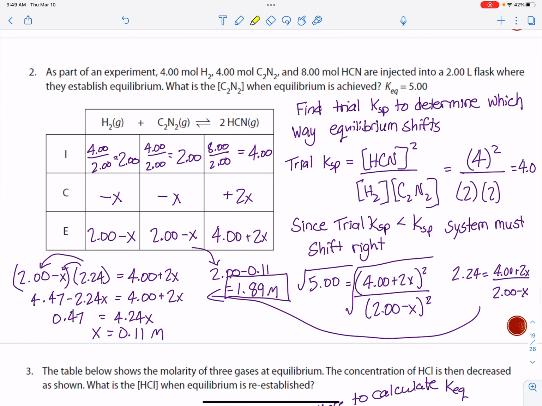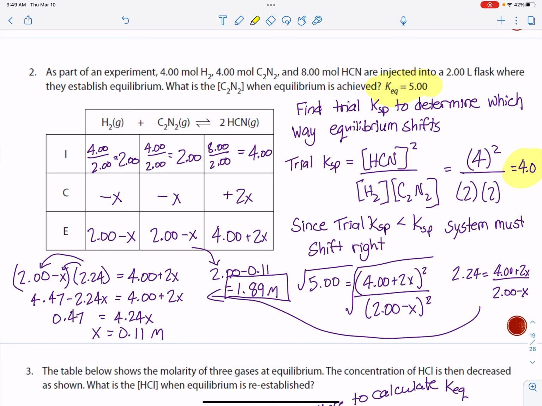Question number 2 here, again, is a little bit tricky because I have to find a trial KEQ to figure out which way that equilibrium shifts. We practiced trial KEQ in the past lesson to see which way equilibrium shifts. And you'll notice that when I throw in those initial concentrations to the trial KEQ equation, I get 4.0, and I'm going to compare that to the actual KEQ.